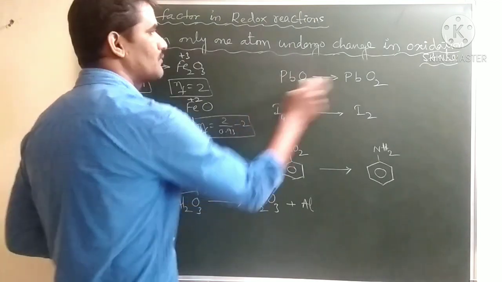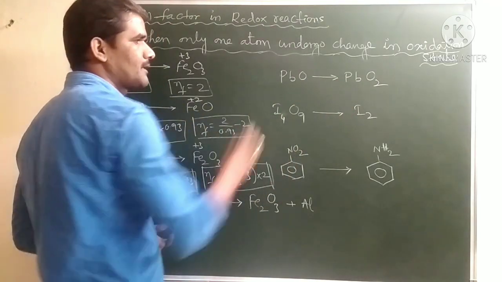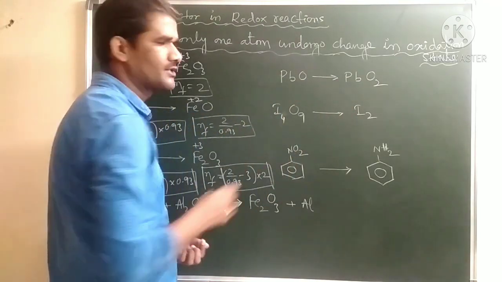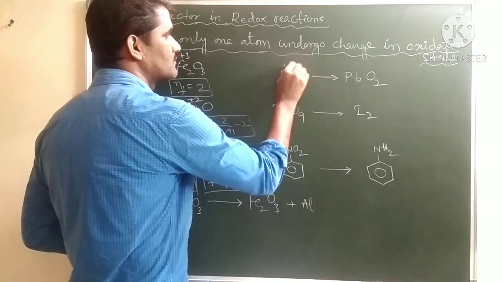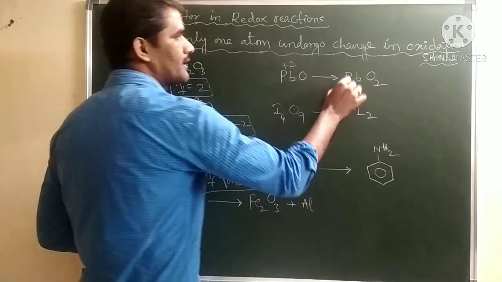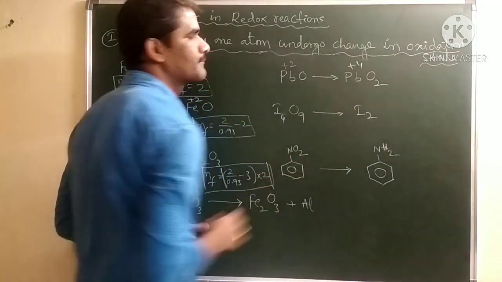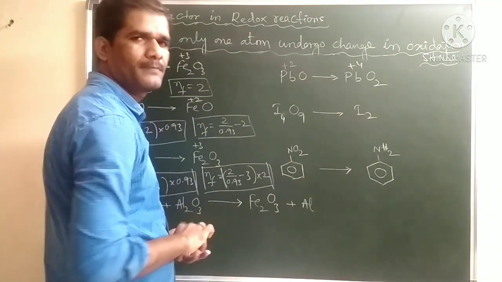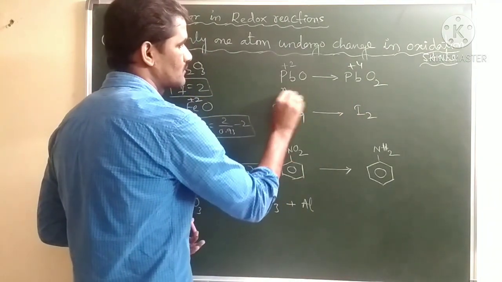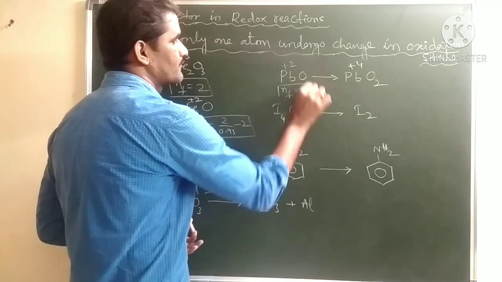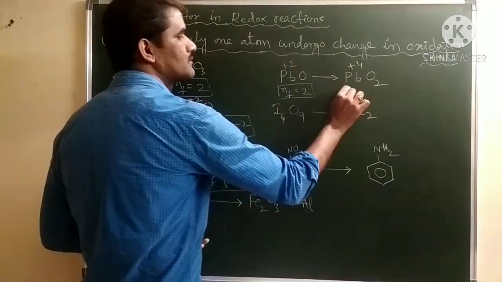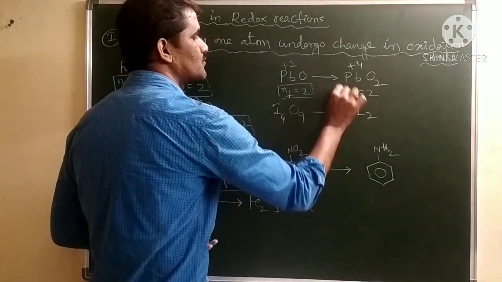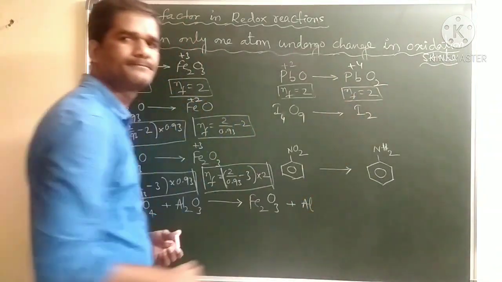Now here PbO2 to PbO, the lead oxidation state here is plus 2 and here the lead oxidation state is plus 4. Plus 2 to plus 4 and plus 4 to plus 2 change the same, so in both cases the N factor is the same.